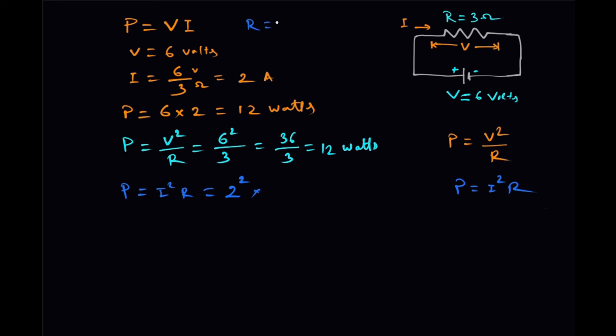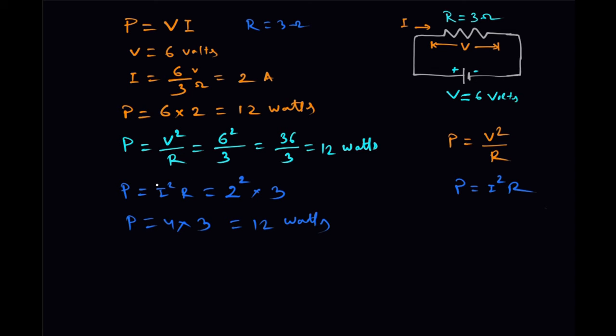So I get P is equal to 4 into 3, that is equal to 12 watts. So we found that whether you use this formula or this formula or this formula, you always get the same value of the power consumed by the resistance.